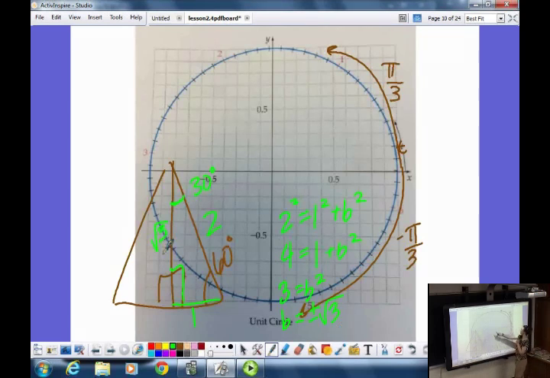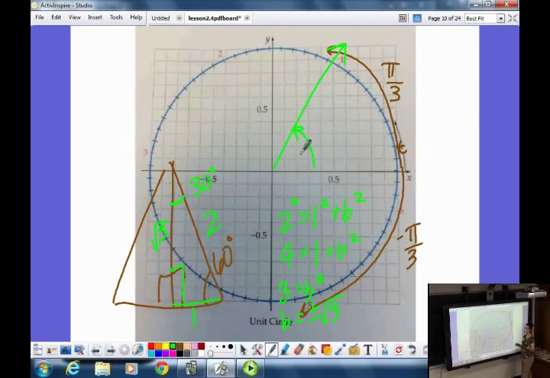So if I want the cosine of pi over 3, what side length of this triangle am I going to look at? What's the ratio for side lengths for cosine, using opposite, adjacent, and hypotenuse?